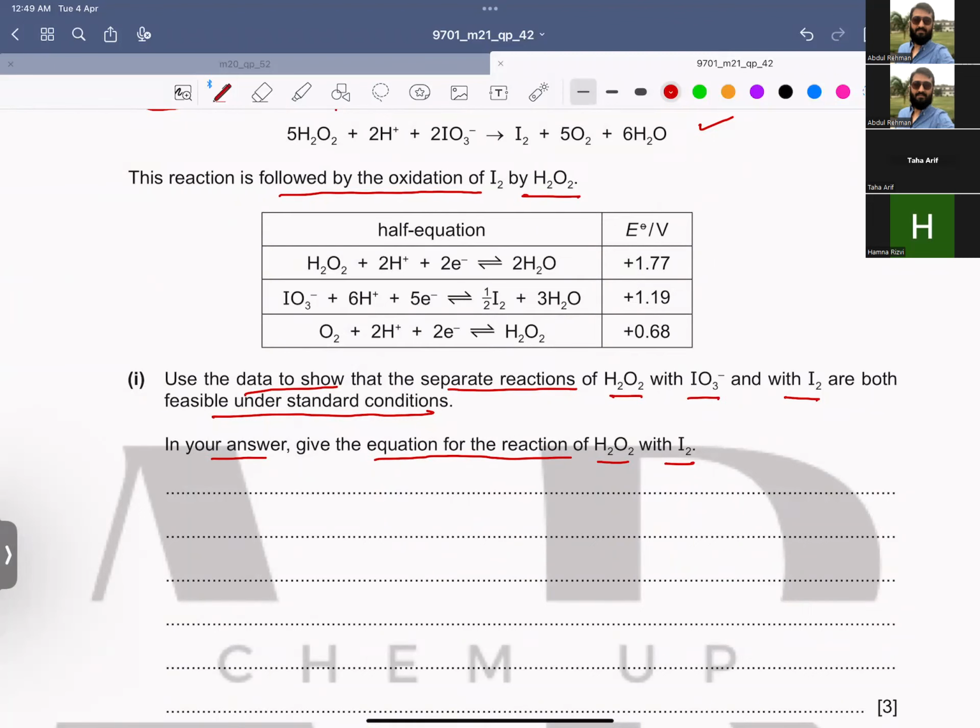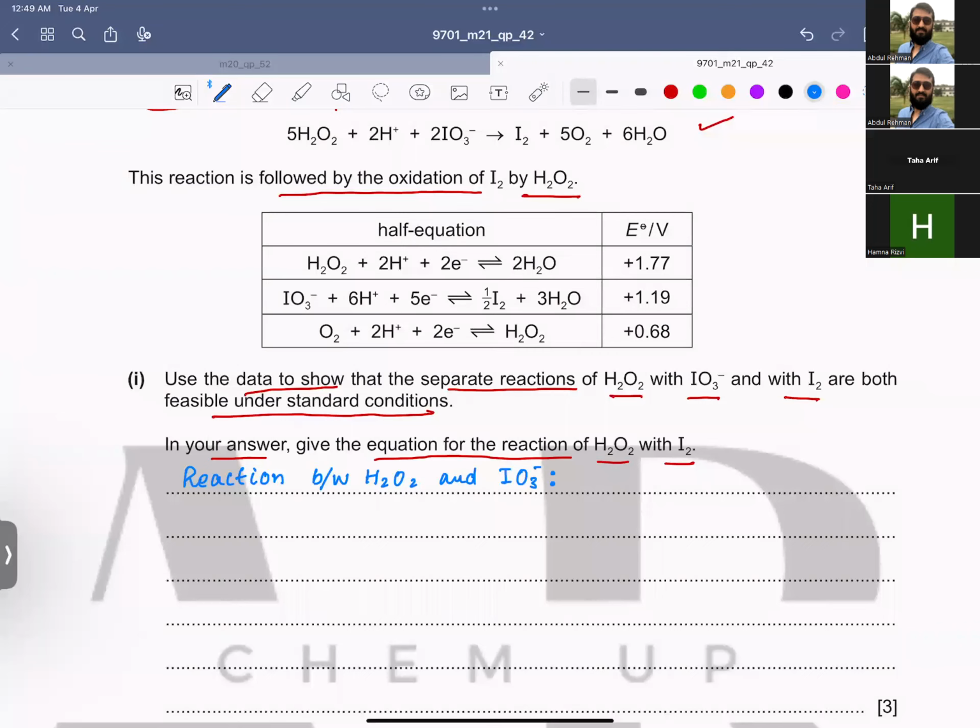So first talk about the reaction between H2O2 and iodate. Can you figure out for this reaction, out of these three, which two half equations we can use?